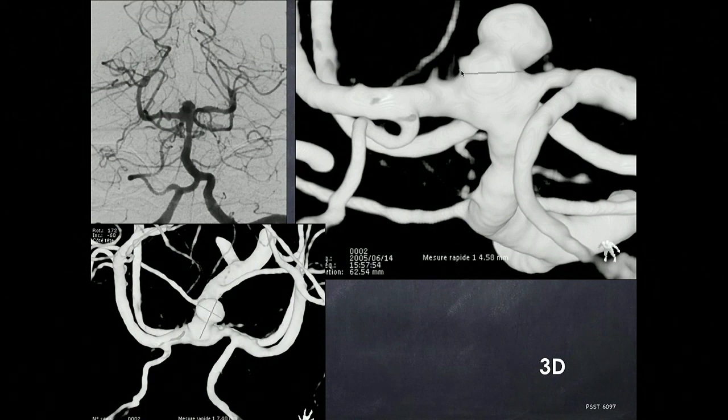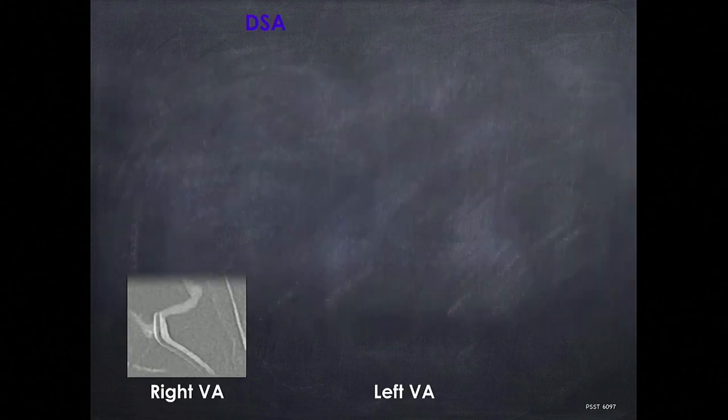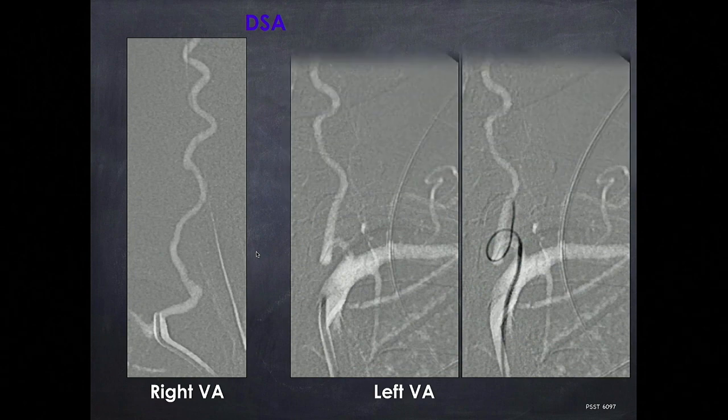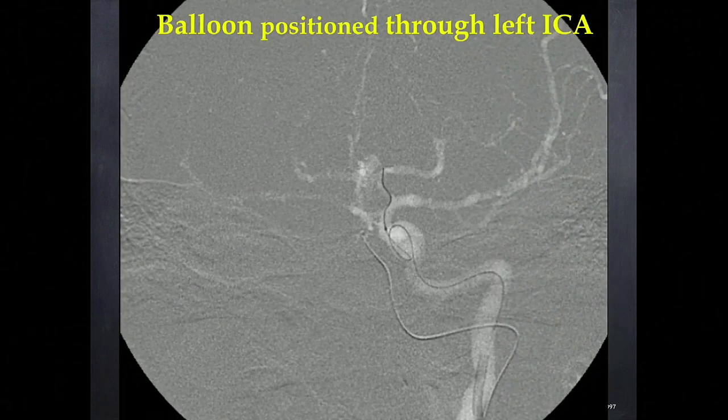But here, we've seen that there was a very important PCOM on the left side. So we decided to come from the left internal carotid artery and to place a balloon from the internal carotid artery through the PCOM. In such a way, you can place the balloon orthogonal.